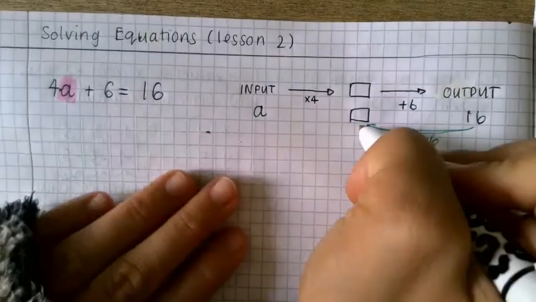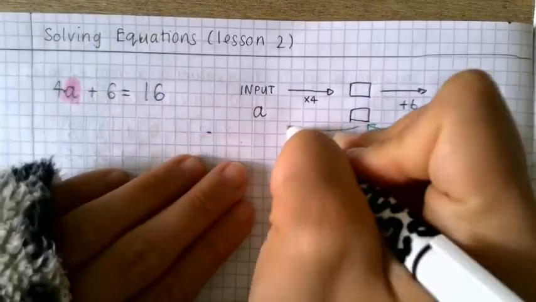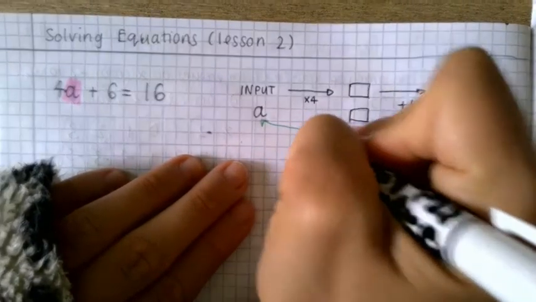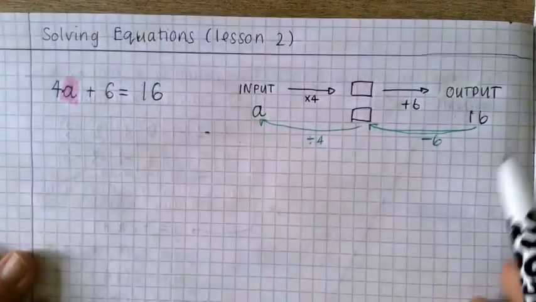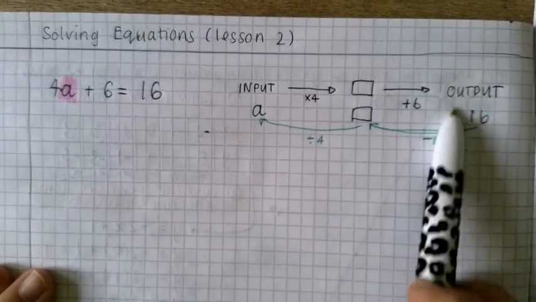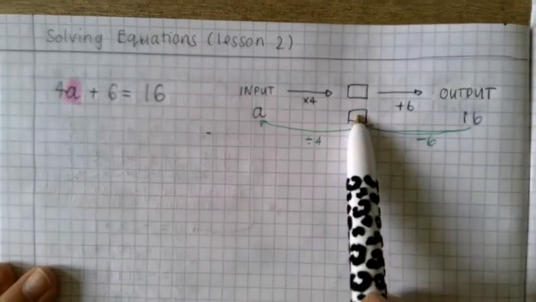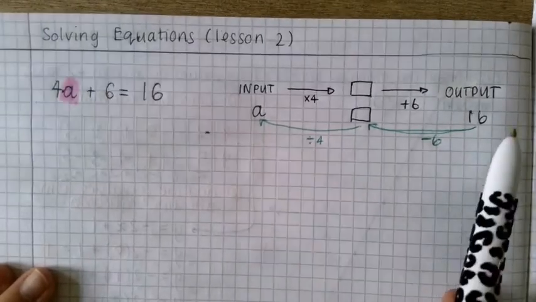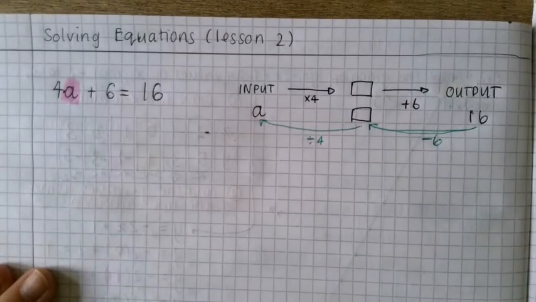Then to get back to our input, we do the inverse of multiply by 4, so we divide by 4. We're undoing everything that has happened, using inverse operations.